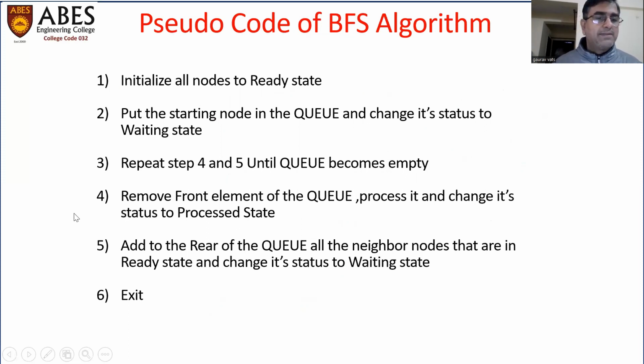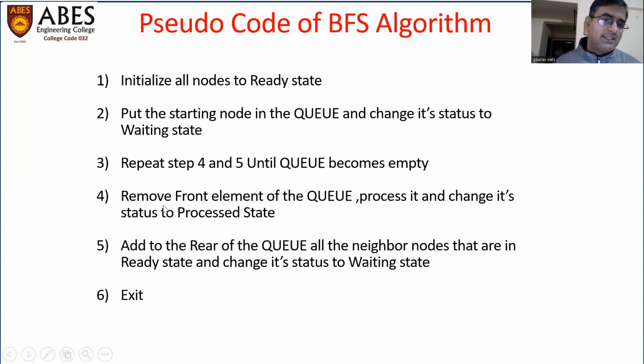The fourth step is saying remove the front element of the queue, process it and change its status to process state. As we all know, from the queue, the removal is done from the front end. So that's why it is saying remove the front element of the queue and process it.